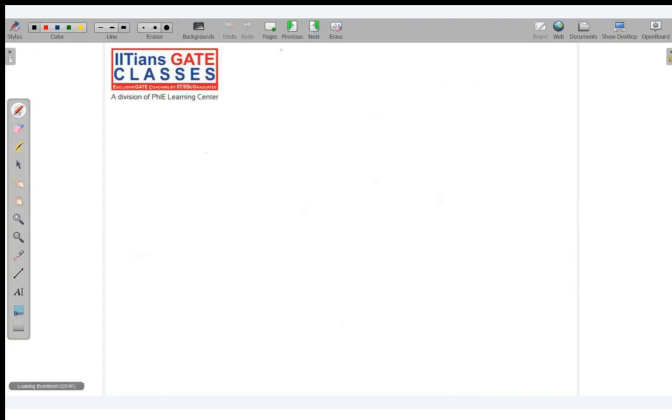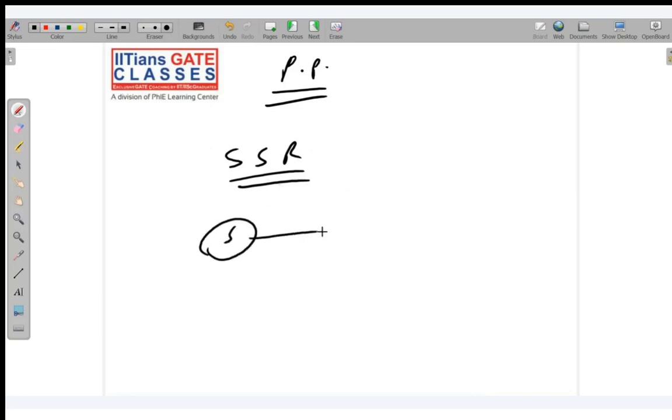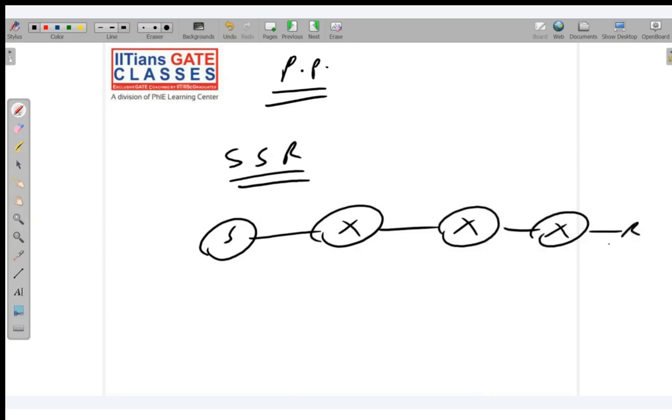Next is PP, parameter problem. Parameter problem means, see, I have told you about SSR, strict source route, which we studied in today's class itself. In the case of SSR, the sender will list all the routers through which the packet must travel, putting the IP addresses of all these three routers.